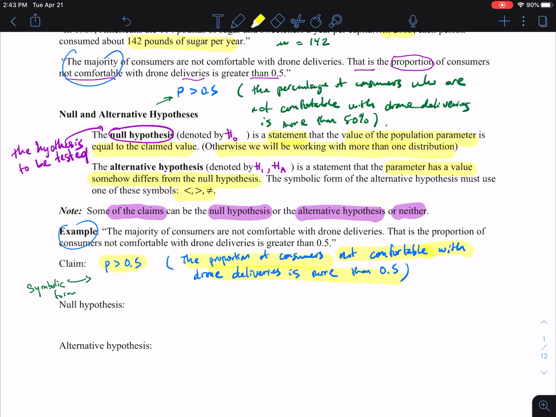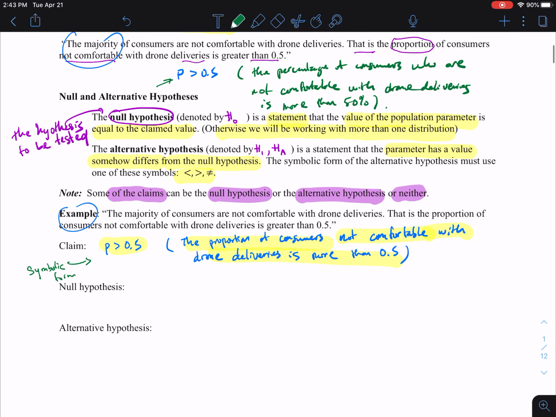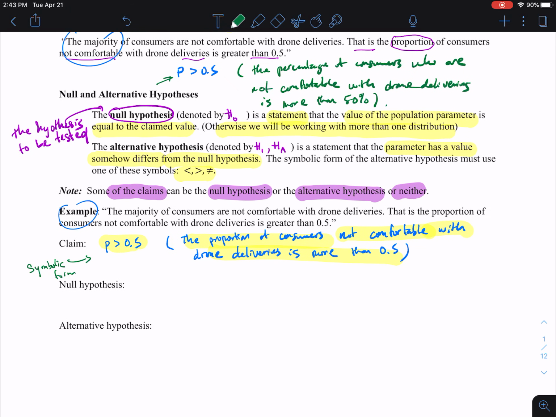Sometimes we do a lot of this and forget the importance of asking what that statement is saying. What does that P greater than 0.5 mean? Having the wording interpretation really helps us understand what we write down here. Then for the null hypothesis: if someone claimed that P is greater than 0.5, when we do our investigation, we need a distribution to work with, to look at the data evidence and see where that data evidence will be closest to 0.5.